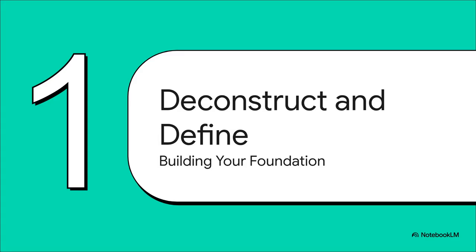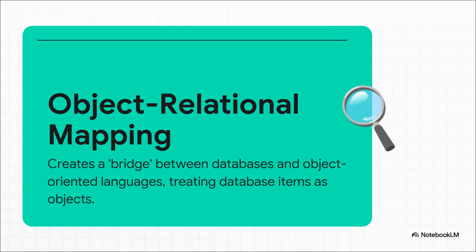Okay, first things first, we have to stop trying to understand everything all at once. It's just not going to work. We need to build a solid foundation brick by brick. And that means taking these big, scary-sounding concepts and breaking them down into simple, clear definitions. Let's take a term like object relational mapping, or ORM. It sounds super complicated, right?